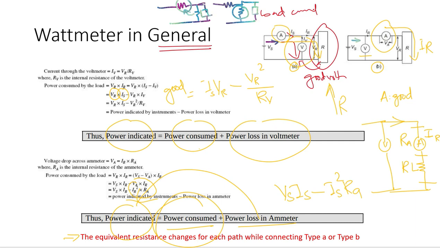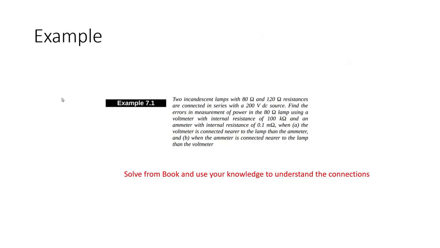On this scenario we have a problem in this course. Just go to that problem and you will know the percentage error that occurs while replacing these two using the type A sequence and then the type B sequence. Go through this problem and you will know the difference between the connection types.